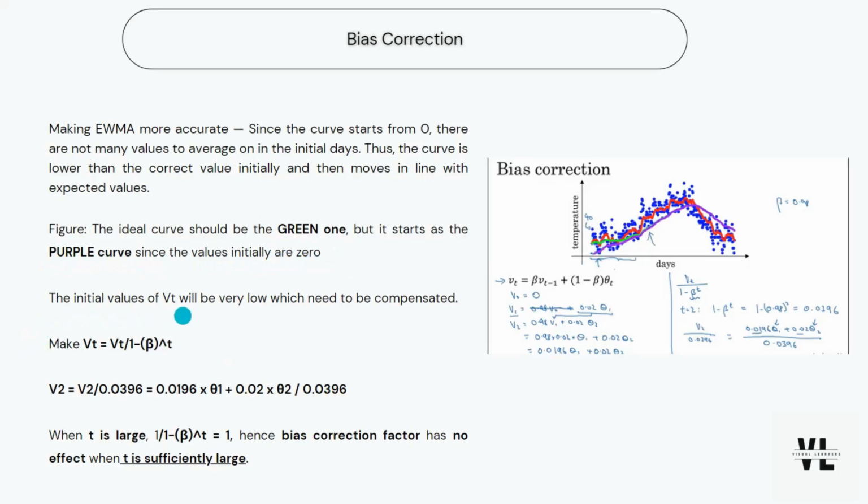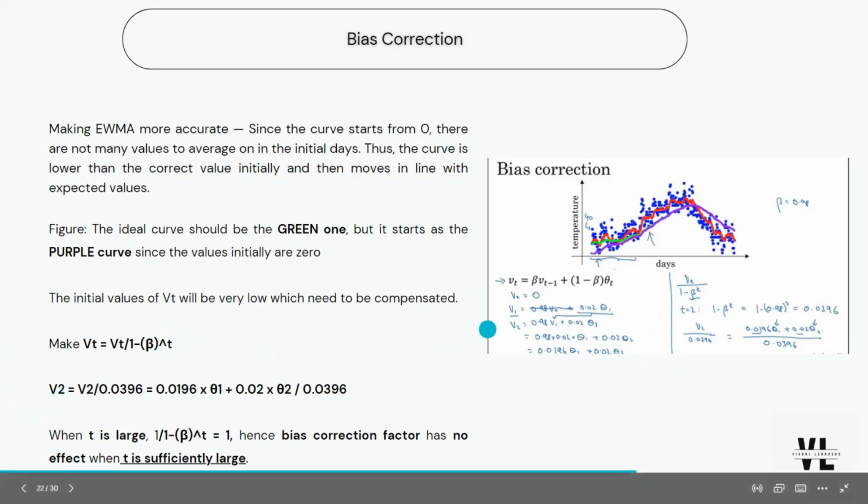The initial values of Vt will be very low, which need to be compensated, and we can adjust the purple line to the green line by using this formula, which is the computed value Vt has to be divided by 1 minus beta to the power of t, where t is the number of day.